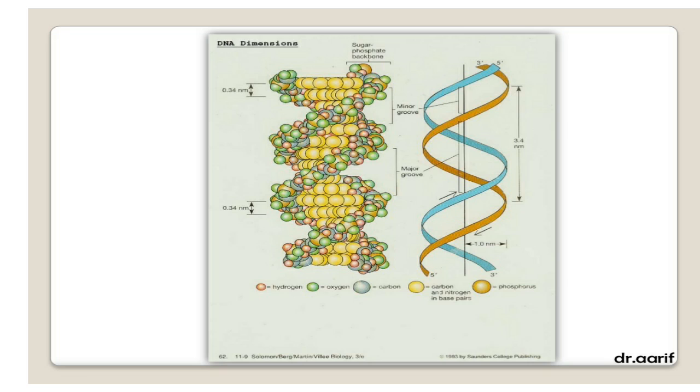So between two base pairs the distance is 3.4 angstrom. Minor grooves and major grooves are present. Two strands run anti-parallel, 5 to 3 direction and 3 to 5 direction.